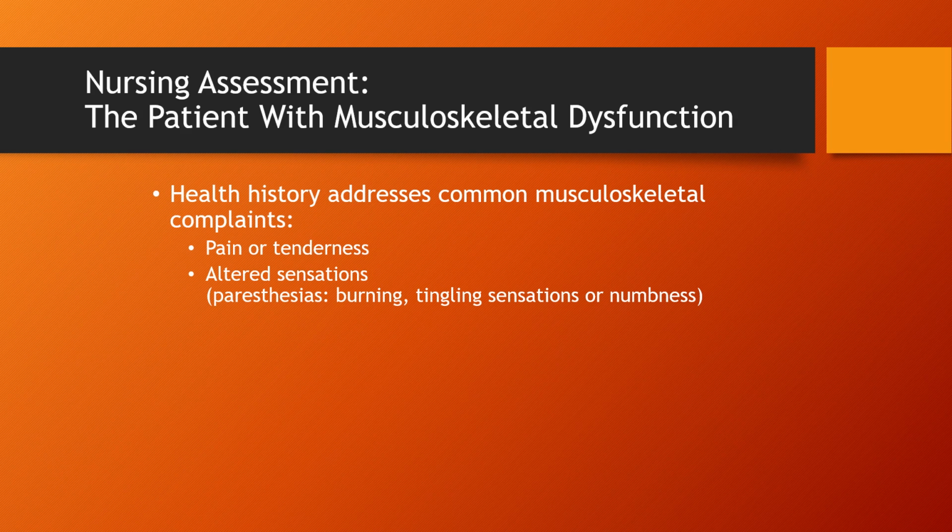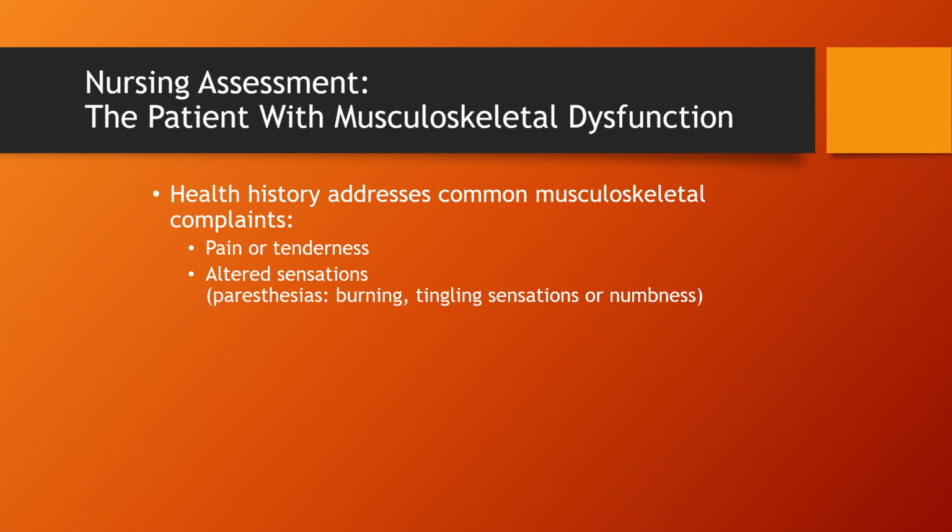So for nursing assessment of the patient with a musculoskeletal dysfunction, the patient will usually present with some sort of complaint of pain or tenderness. Bone pain is characteristically described as a dull, deep ache that is boring or penetrating in nature.